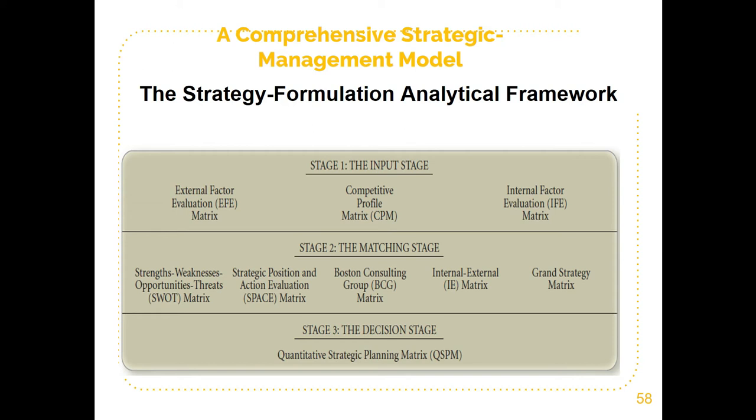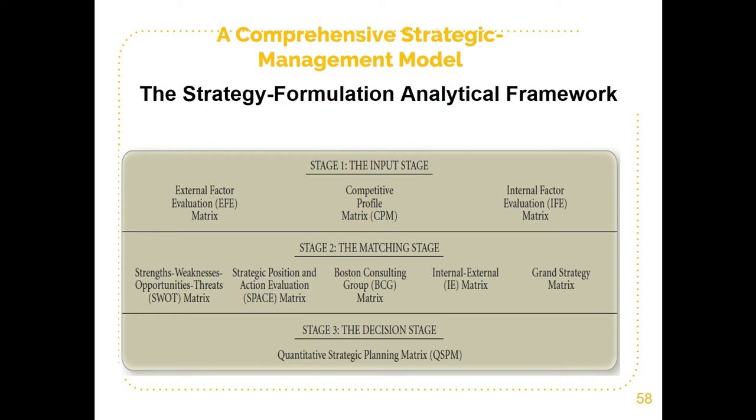Okay, so stage 2 techniques include strengths, weaknesses, opportunities, and threats, or in other words, your SWOT matrix, the strategic position and action evaluation, or your SPACE matrix, and then the Boston Consulting Group, that is your BCG matrix, and the internal external or IE matrix, and finally, of course, we have your grand strategy matrix.